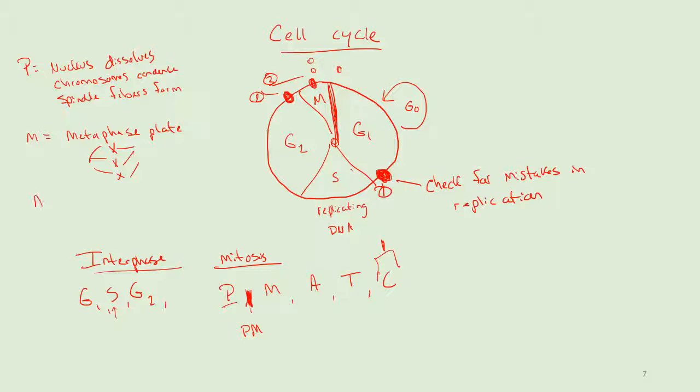Then we get to anaphase. Anaphase. What happens? Tear the children apart. Yes, so the technical phrasing is chromatids. Notice I'm not saying chromosomes, I'm saying chromatids separate. Because remember, half of a chromosome is a chromatid.